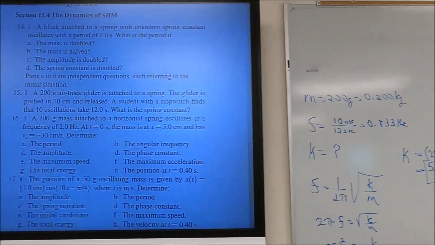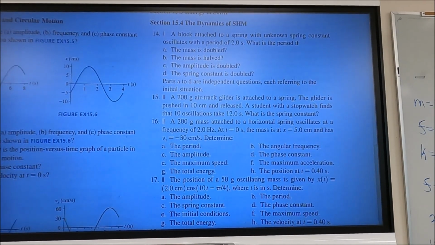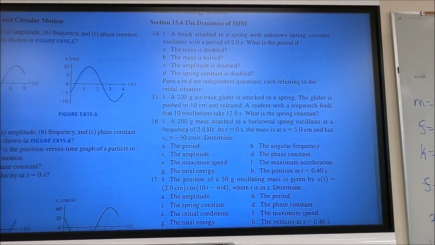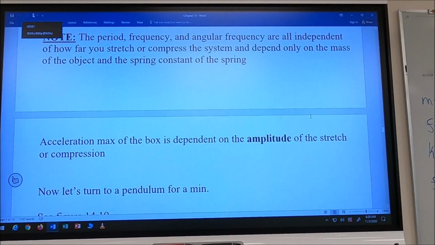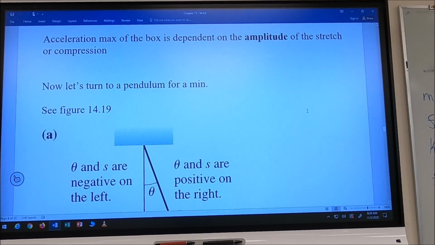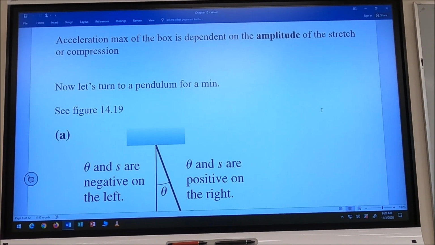All right. Now, go ahead and switch over. Now, guys, these are just kind of plug and chug equations. You ought to be able to do them, just looking at the equations and digging through what you need.